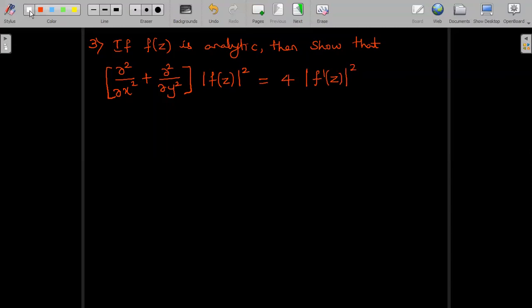So these are some of the standard proofs for us, which can be worked very easily through the analytic function concept. So let us see the solution.